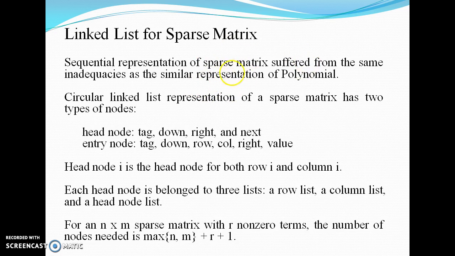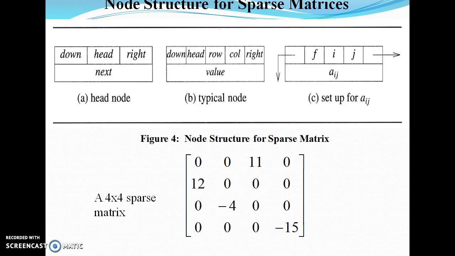I'm not going to go into detail about this; I've just listed the matrix here. You can see there are a minimum number of non-zero elements and the zero elements are maximum. You can see only one element in each row or column. So the structure is something like this. You have a head node, a typical node, and the Fij, which is the element of a particular matrix.